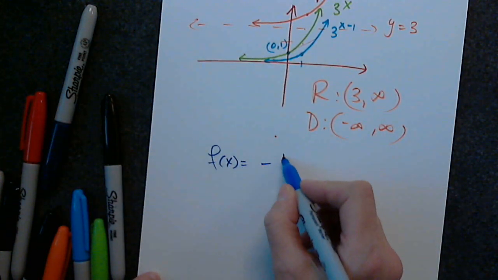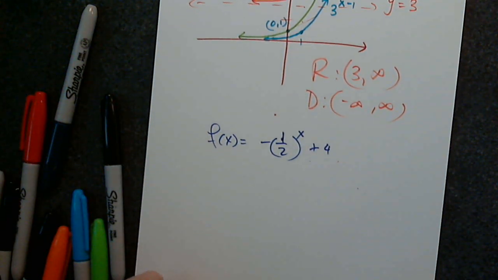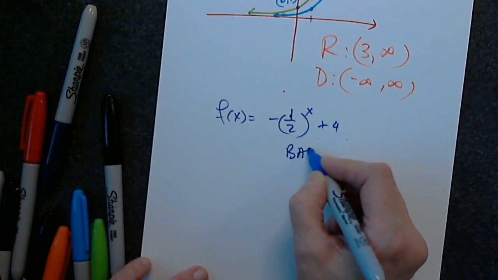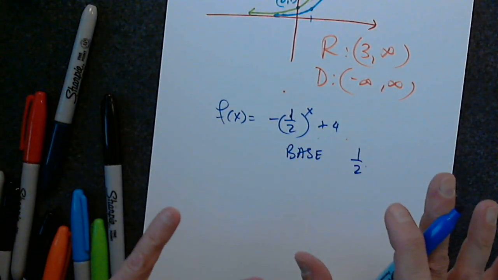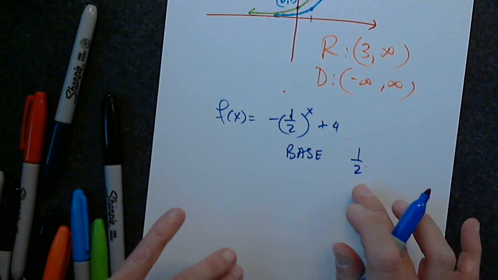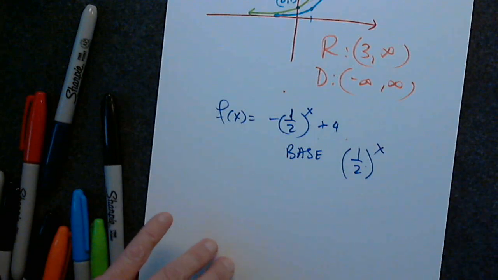Let's say negative 1/2 to the x plus 4. Okay. So what is the base function here? To the x. Good.